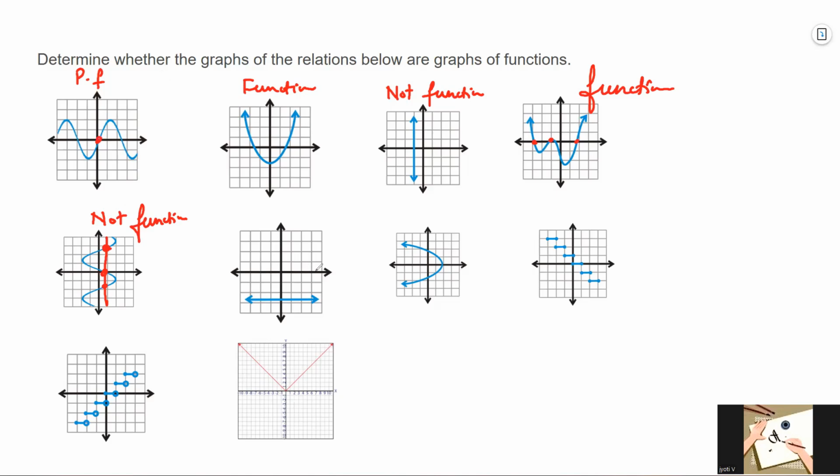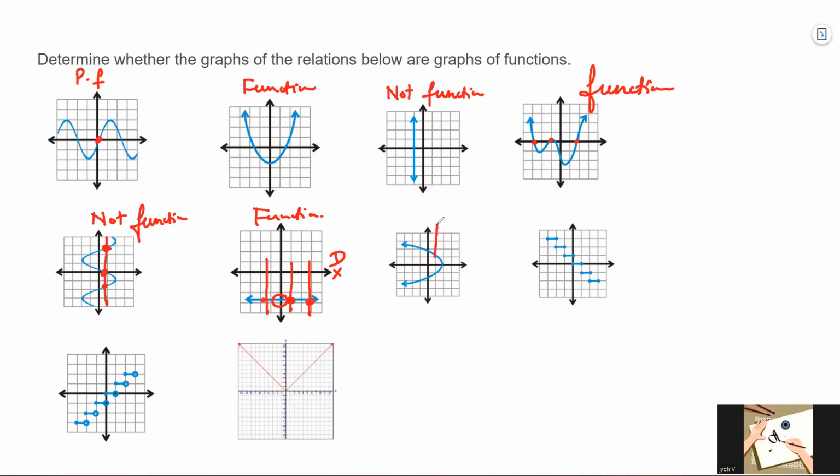Here, the line is parallel to the x-axis. The vertical line test says that the vertical line intersects the line in just one point, indicating that for different values of the input, there is an exclusive value in the range set, that is, the output. So it's a function. Very clearly, the vertical line test tells that if the vertical line intersects the graph in just one point, then it is a function.